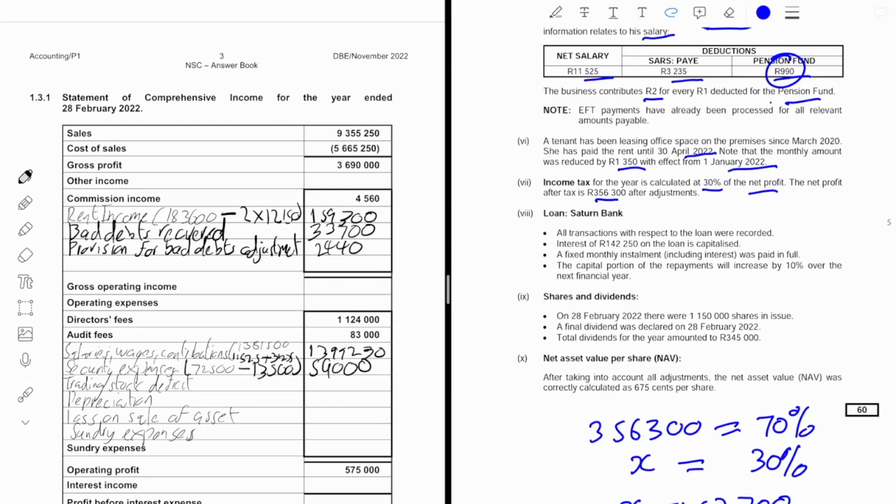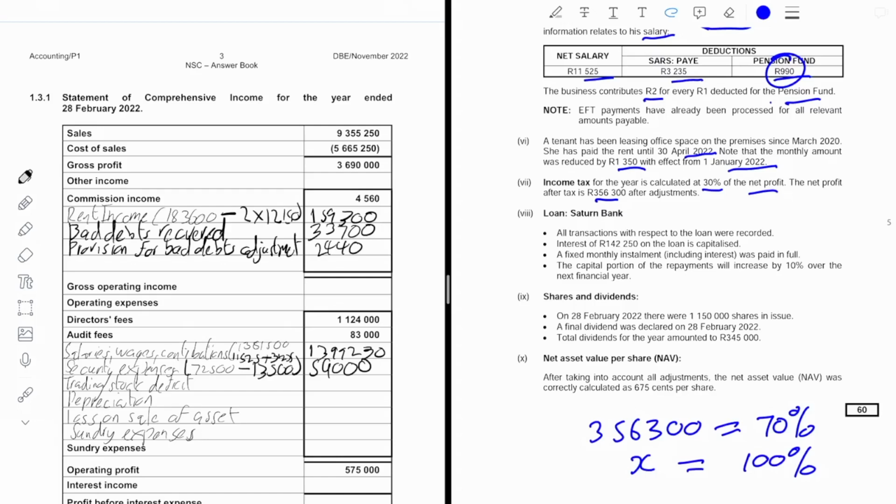Now, to get back to your net profit before tax, you could either use this method again, where your net profit before tax is 100%, and then solve that, and you will get the figure.